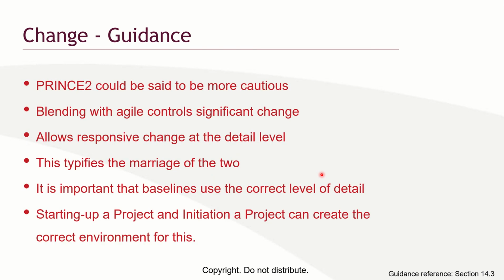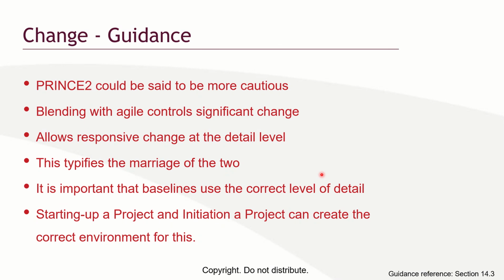The baseline being referred to means an appropriate level of detail which you must define at the right time. Very important. So what can guide changes? Prince 2 could be said to be more cautious. That is, you just don't change without considering the fact that the changes can affect the quality, it can affect the time to deliver.